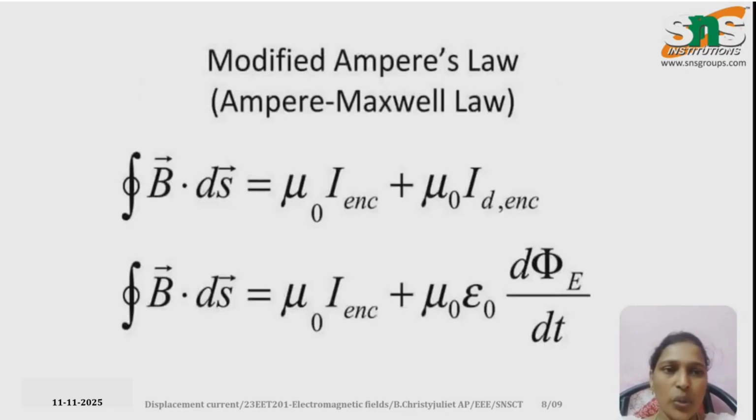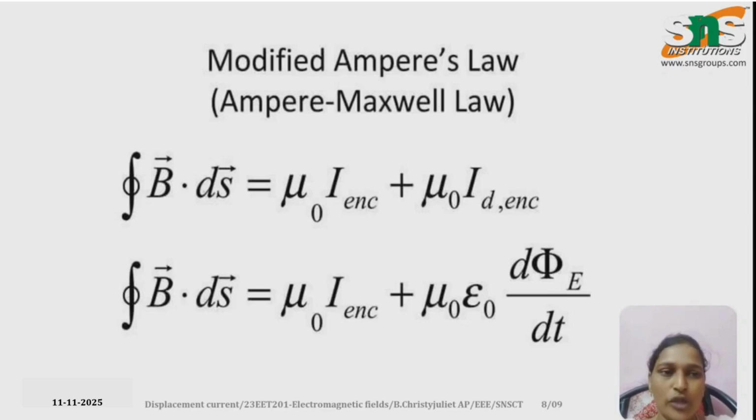So now we modify Ampere's law with Maxwell's hypothesis, thereby obtaining the Ampere-Maxwell law, which states that integral B dot ds is equal to mu naught I enclosed plus the displacement current, which is mu naught I_D enclosed.